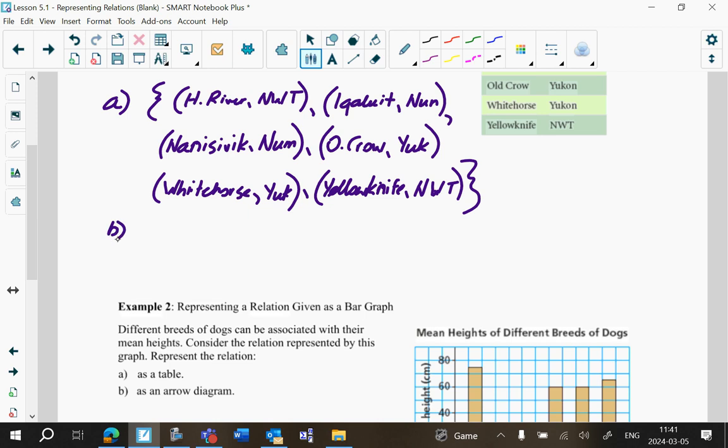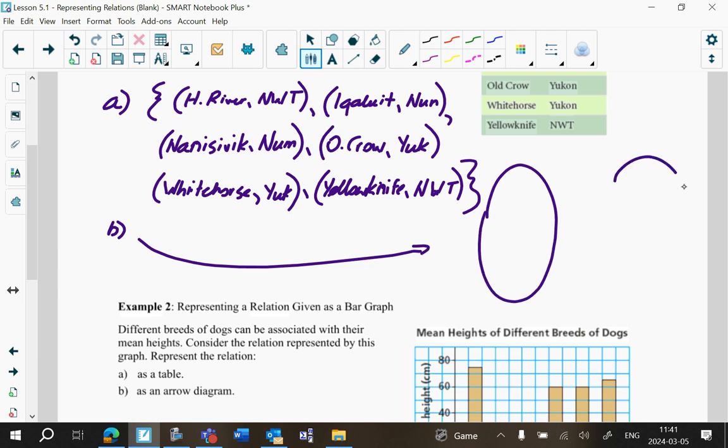I'm running out of space here, so I'm going to put it over here. Arrow diagram. Well, the territories, there's 3 of them. So in the second set, Northwest Territories, Nunavut, and the Yukon.